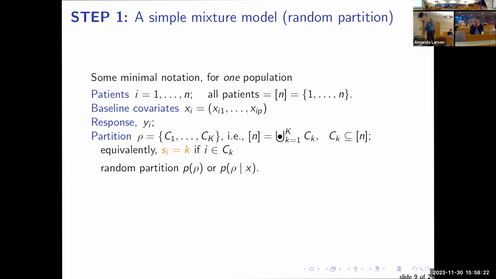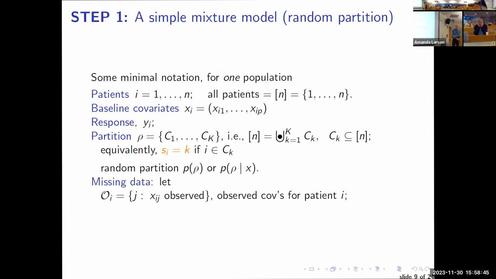I'll use rho to refer to the entire random partition. So P of rho. Importantly, the clustering is not just algorithmic clustering that you freeze, but it's part of my probability model. So there will be a probability measure, a probability distribution on the unknown partition.